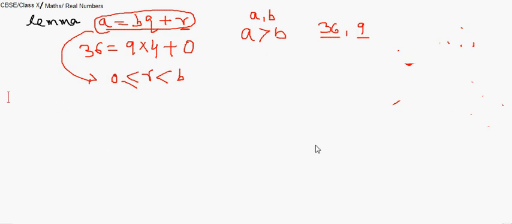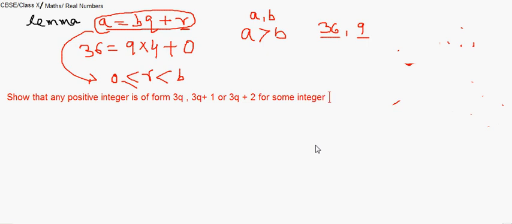The first one says, show that any positive integer is of the form 3q, or it can be 3q plus 1, or it can be 3q plus 2, for some integer q.